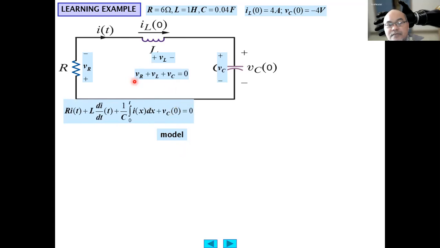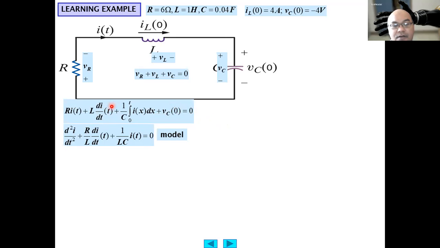Then we change VR, VL, and VC using Ohm's law, the inductance law, and the capacitance law: R i(t) plus L di/dt plus 1 over C integral of i(x) dx plus the initial condition at the capacitance equals 0. Differentiating with respect to time, this becomes d squared i/dt squared, this becomes di/dt, this becomes i, and this becomes 0, equals 0.